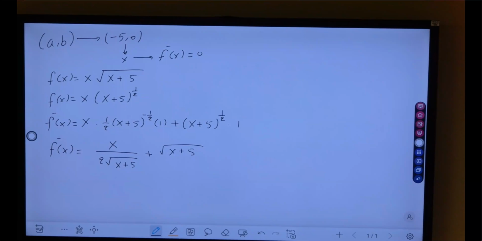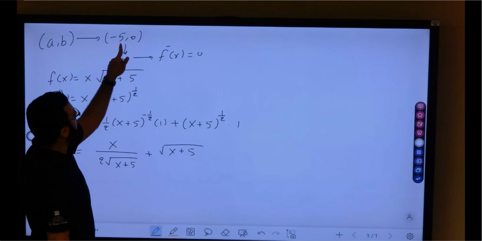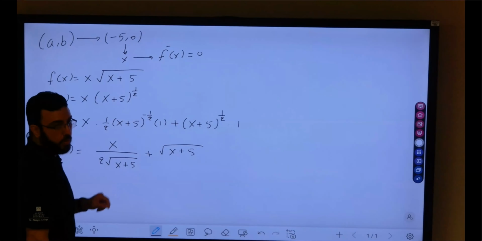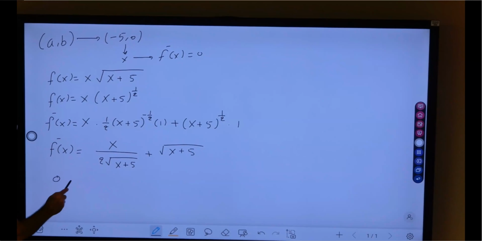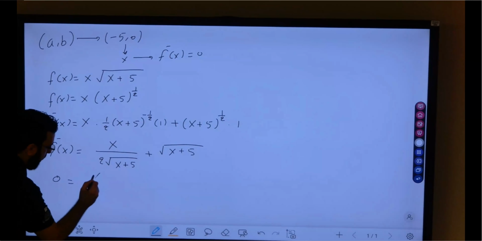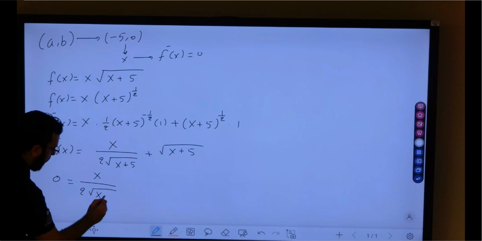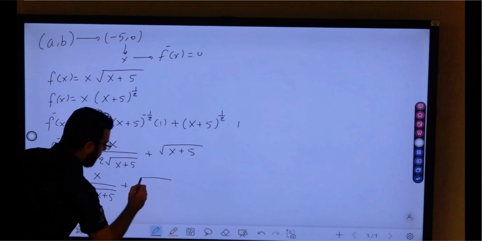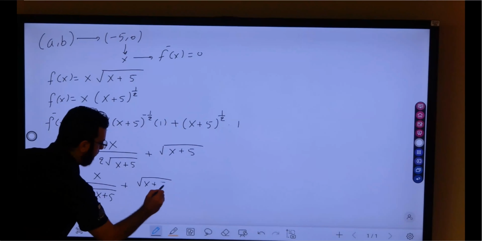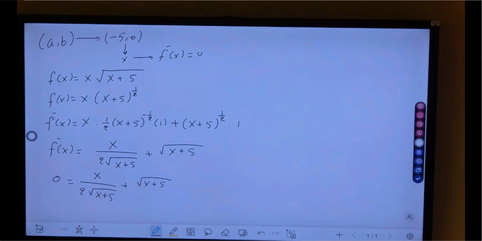So now we need to find the value of x, which is the number between -5 and 0, where the derivative is going to be equal 0. There is x over 2 square root of x plus 5 plus square root of x plus 5. Now what's the next step?